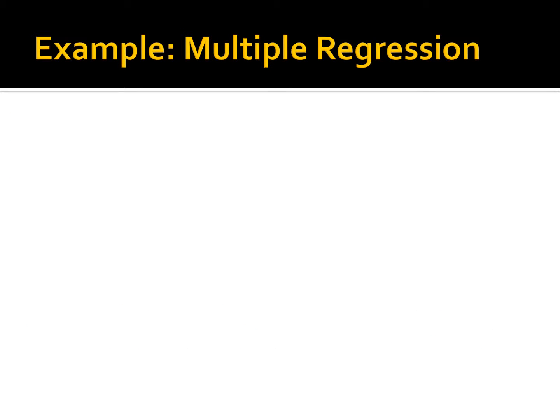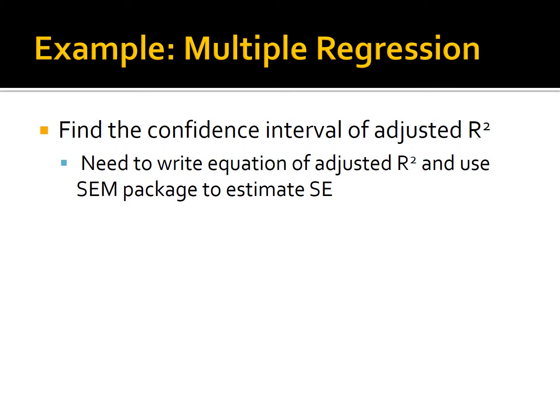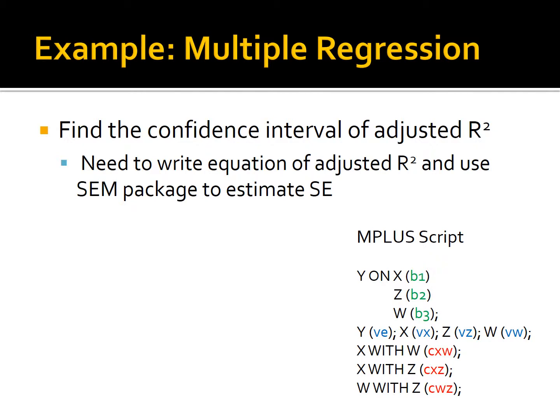So we can use this knowledge to find the confidence interval of the adjusted R-square. So we need to write the equation of adjusted R-square and use the SEM package to estimate the standard error of the adjusted R-square. Okay, so let me show you the Mplus script.